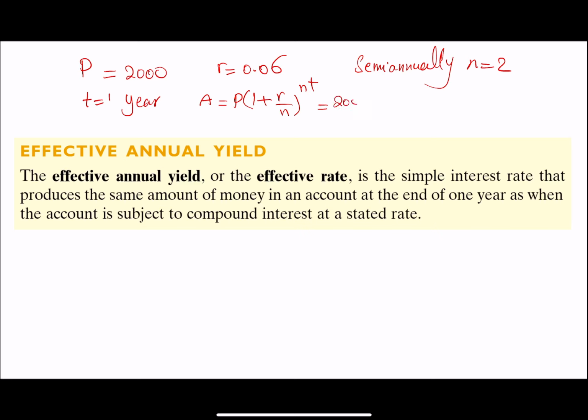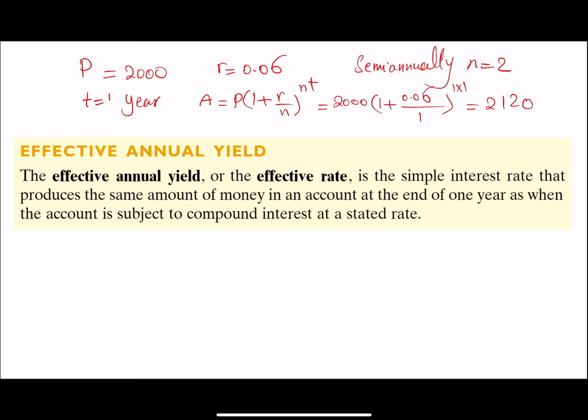So you deposit 2,000 times 1 plus 0.06 over n, which is 1, to the power of n, which is 1, times t, which is 1. So 0.06 over 1 is 0.06, plus 1 is 1.06, to the power of 1 is 1.06, times 2,000. When you calculate it, you get $2,120. That's your future value.